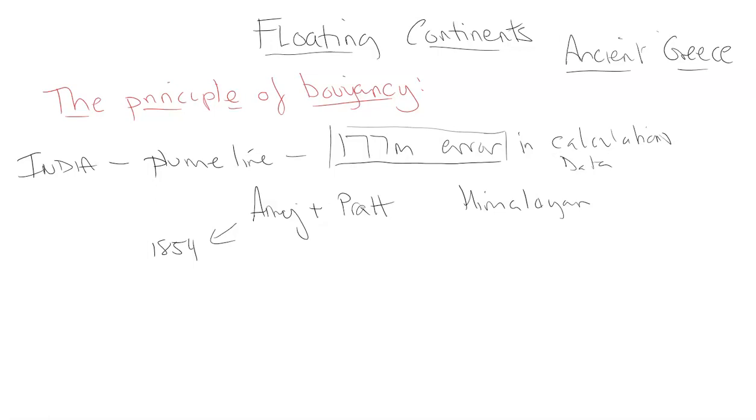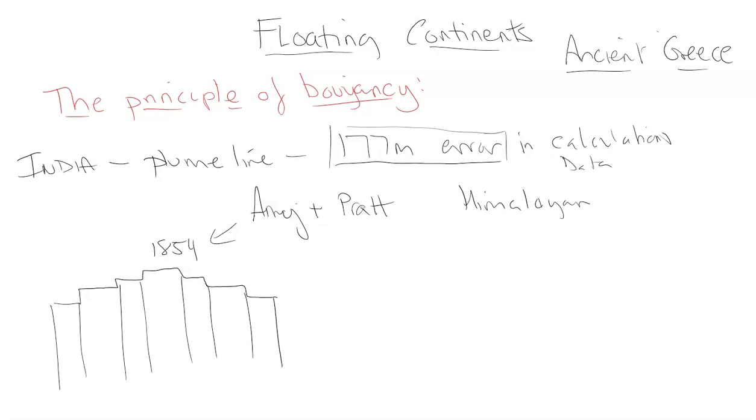So I'm going to draw it out. So here are our columns of lithosphere, lithic columns. All right, and let's make this flat. There we go. And what he proposed was that there were the same densities of all these different columns.